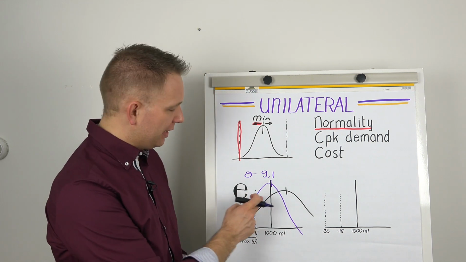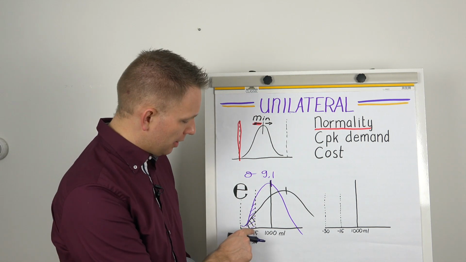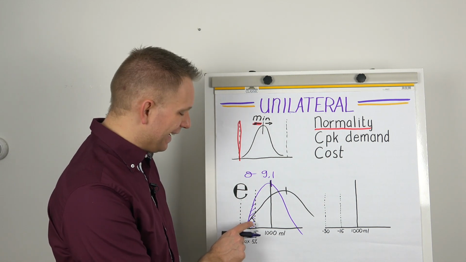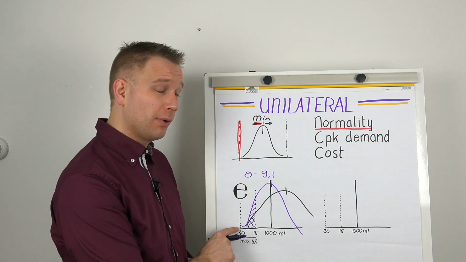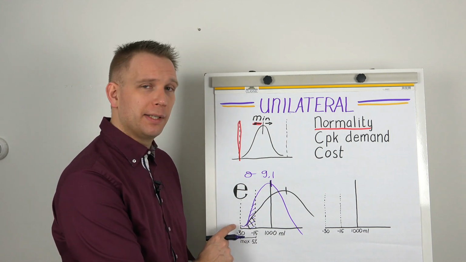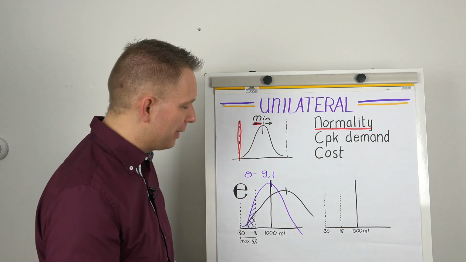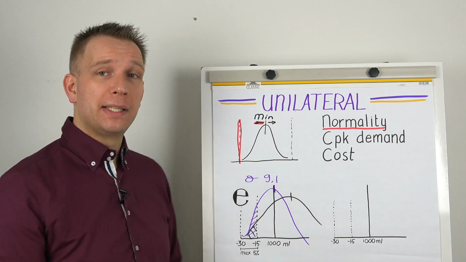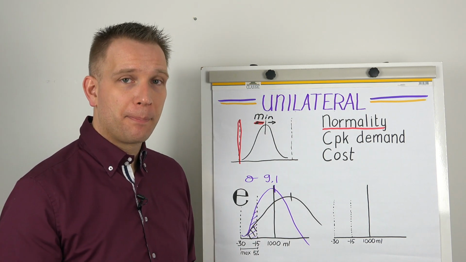If we have a standard deviation of 9.1, then we will have exactly 5% over 15. It will mean, by the way, that there will be 0.05% under this minus 30. So we should be even a little bit closer, but we'll get to that in a bit. Basically, this at first glance would be our ideal factory.